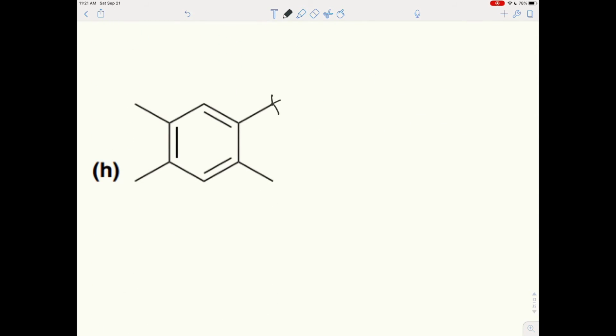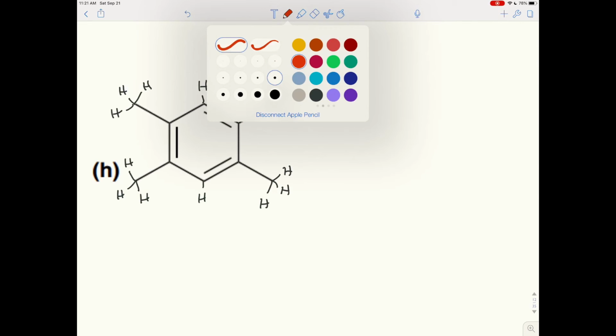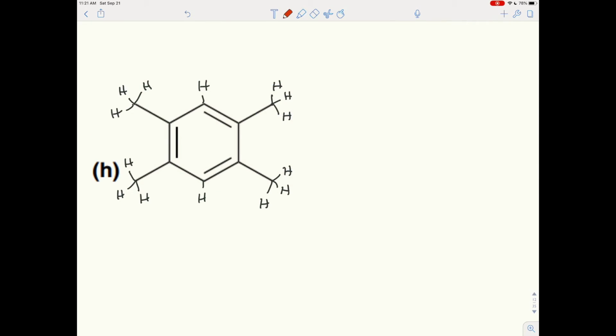For H, first, let's draw all the hydrogens. After we have that, we'll look for symmetry, and then we'll consider the hydrogens one by one. Okay, there's a lot of symmetry in this molecule. So first, we have a line of symmetry that goes left to right.